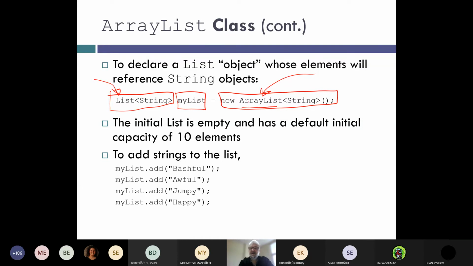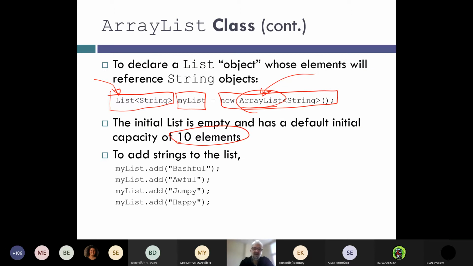When you create a new ArrayList, by default, Java creates an ArrayList with a capacity of 10 elements. But when you keep inserting new elements and insert more than 10, the capacity will be extended automatically. You do not need to worry about it.